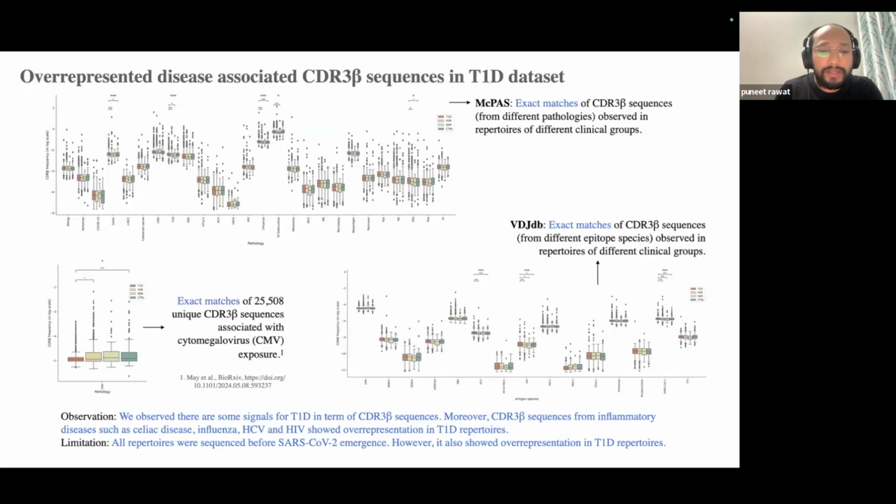You can see here that we found association with celiac disease, influenza, HCV, and HIV. So these could be potential ones that have some role in type 1 diabetes.